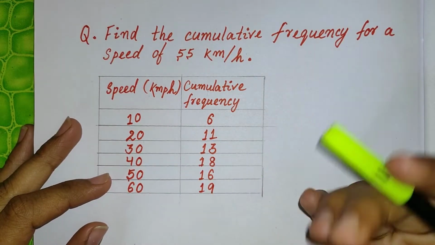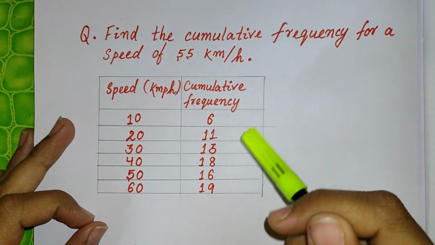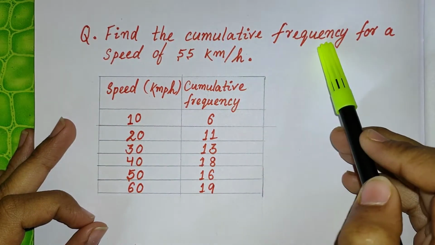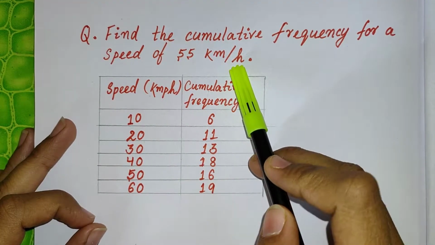For example, in this question, as you can see here, the question is: find the cumulative frequency for a speed of 55 km per hour.